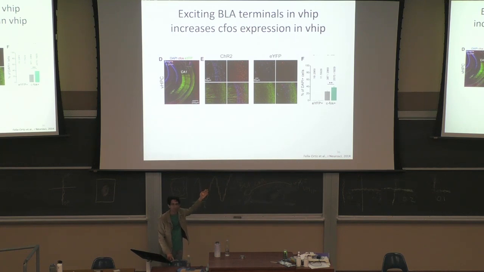So is anyone familiar with this CFOS neural activation idea? Yeah, okay. So basically the way to think of this CFOS is that it's a marker of recent neuronal activity. So cells that fired a lot of action potentials recently will have a higher production of this gene CFOS than cells that were quiet and not firing action potentials.